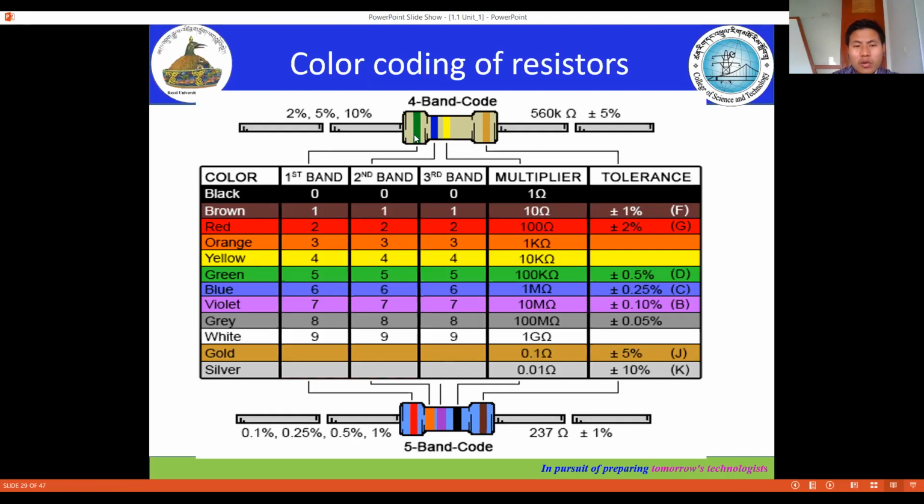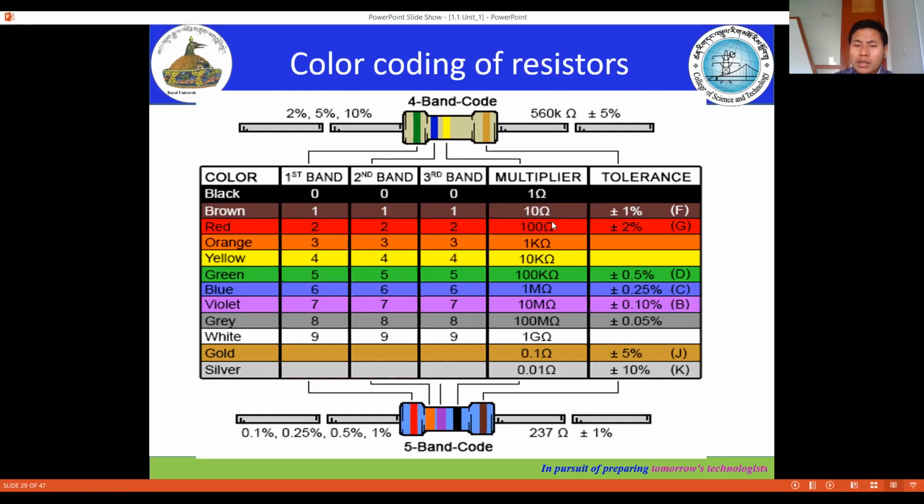To calculate the value, we have to check the position of the color. In this four band code, we have green, blue, yellow, and then gold. In a four band code, the first two bands are taken as the value, the third one as a multiplier, and the fourth one as a tolerance.